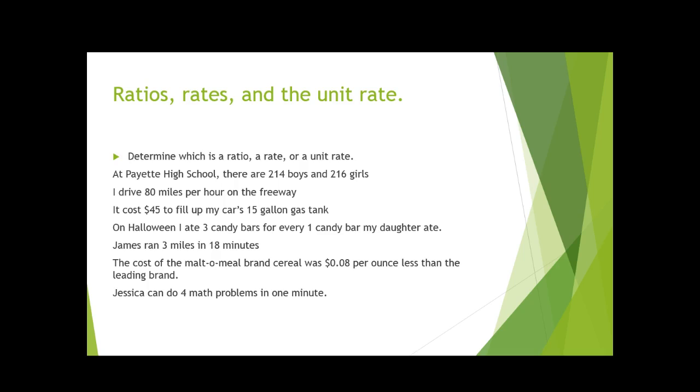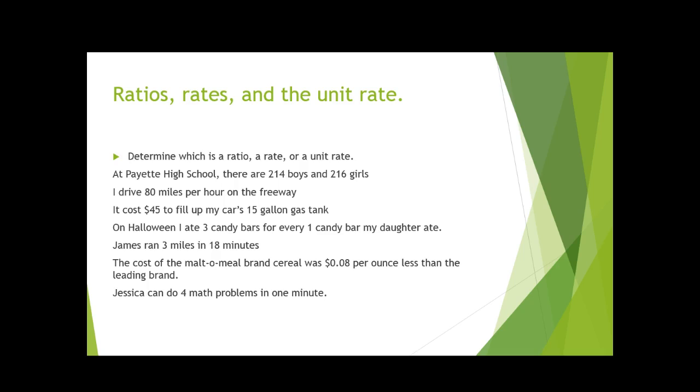Okay, so let's go through each one. The first one is a ratio. Ratios always have to do with similar units, in this case students, or boys and girls, or people. A ratio compares two similar items, boys and girls in this case. Another ratio could be teachers to students.